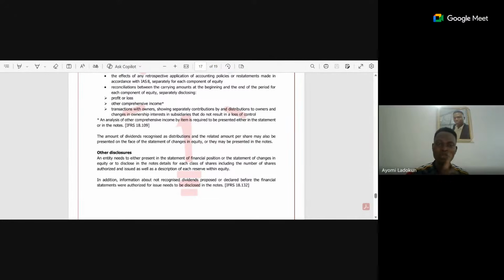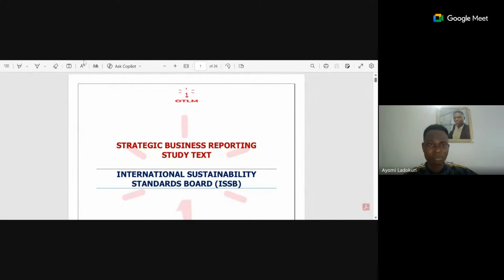So quickly, we switch to the ISSB standards. All right, so let me try to search for the material before I give some background information on that. Okay, let me try and share my screen. So I'm going to start with the ISSB itself, the International Sustainability Standards Board, before I go into the specific standards, that's IFRS S1 and IFRS S2.